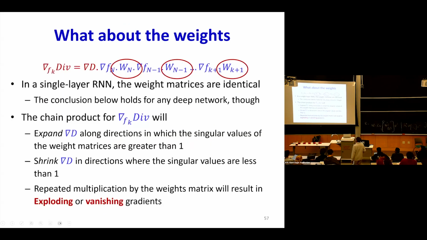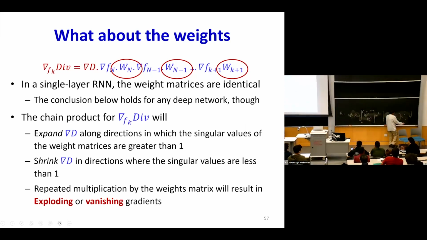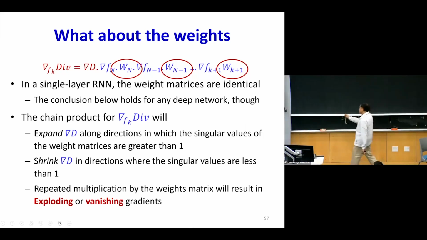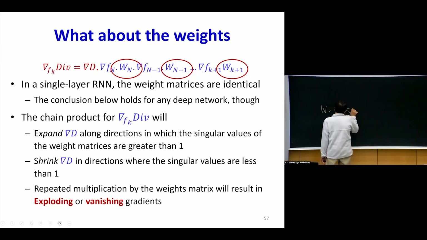So let's look at what happens with these weights. Once again, the weights matrix is a matrix. What happens when you multiply a vector by a matrix? Here is what happens. I can write any matrix W as U S V transpose.